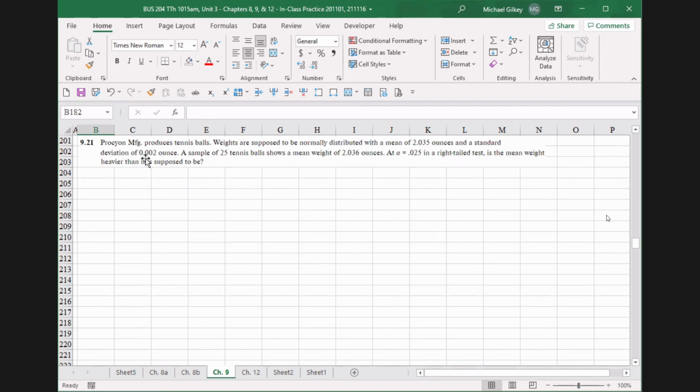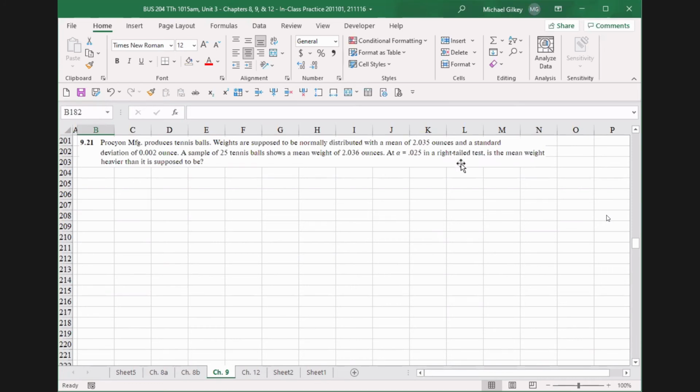So be careful because, say, on an exam, I'm not likely to tell you this. And I guarantee you when you get to your next class, they will never tell you that. It won't be in the homework, won't be in the exams, won't be anywhere. You'll have to figure out whether it's a right-tailed, left-tailed, or two-tailed test.